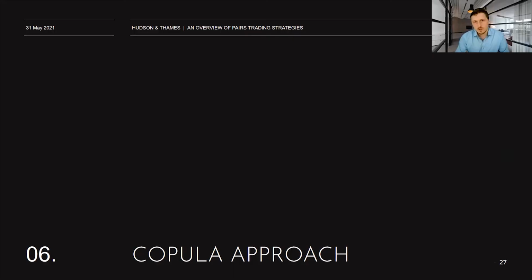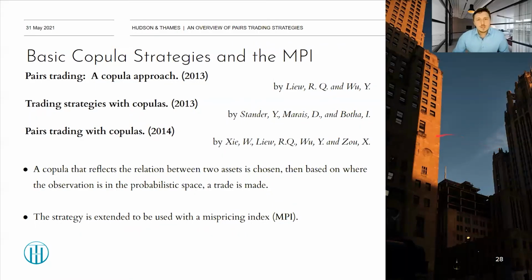I'll elaborate on this and give you a reference paper in a bit. So right here we have what you can call maybe basic copula strategies. Those would be papers by Liu and Wu, Stander and others, and also an adjustment using the mispricing index by Xie and others.